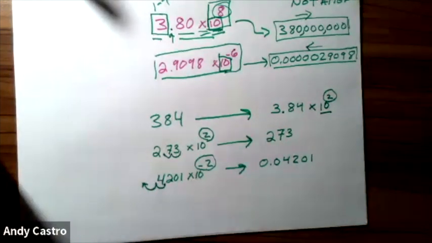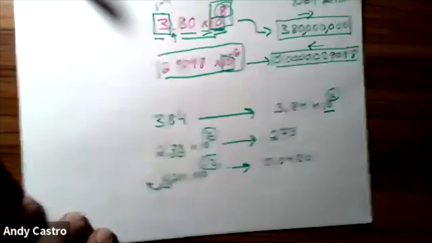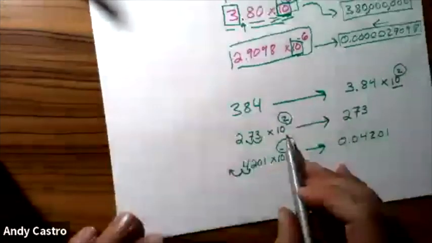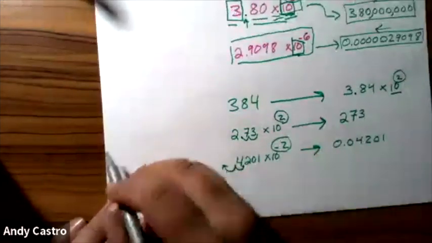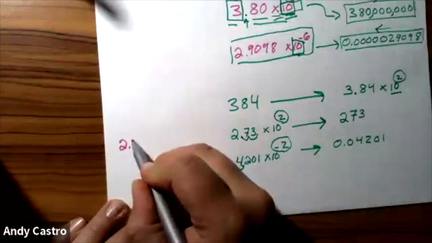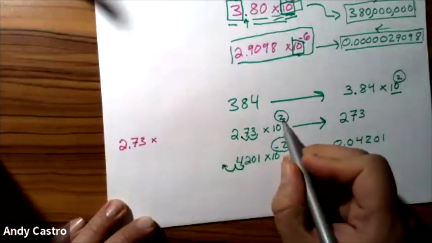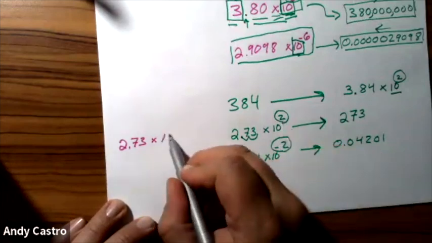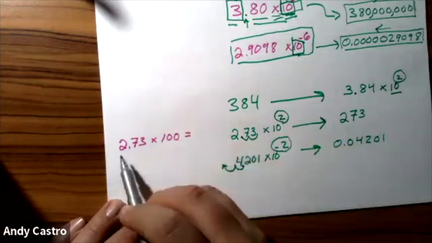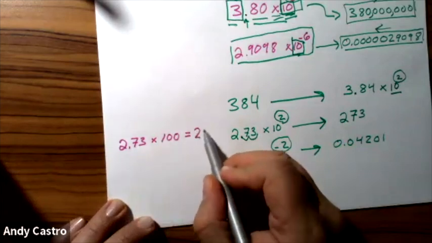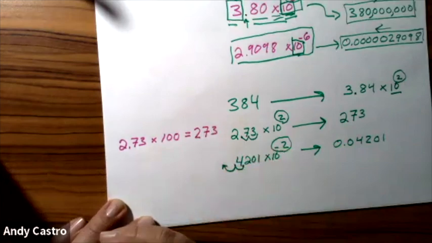So where does this come from? Let's look at this a little more straightforwardly. 2.73 times 10 squared, which is 10 times 10, or 100. 2.73 times 100 is 273.